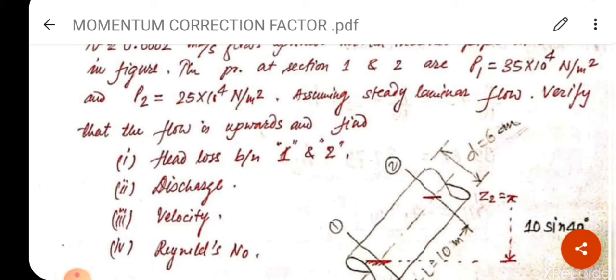Assuming a steady laminar flow, verify that the flow is upward and find first one is head loss between 1 and 2, that is HL, discharge, that is Q, velocity, that is V, Reynolds number, that is RE.